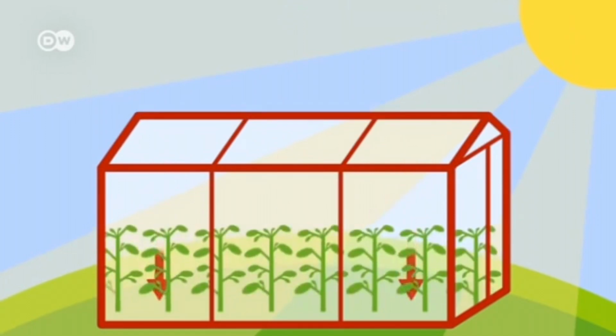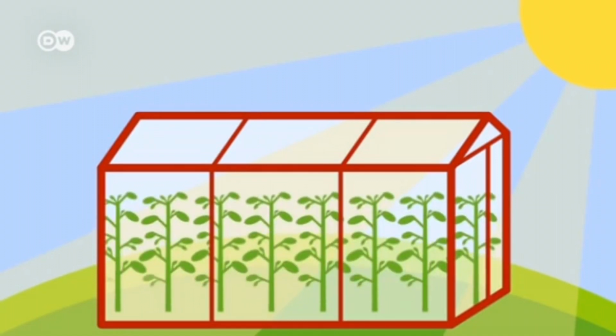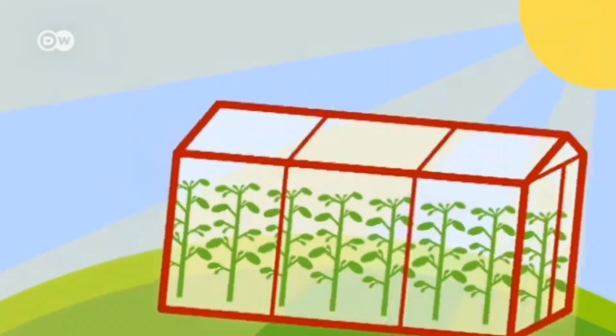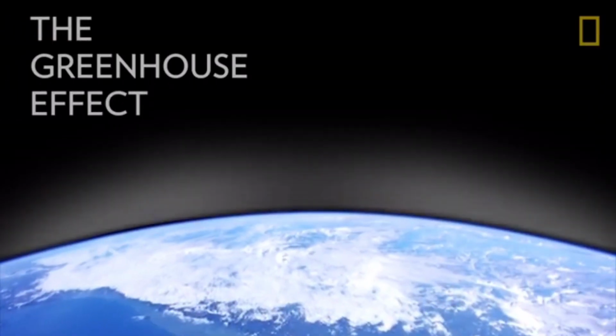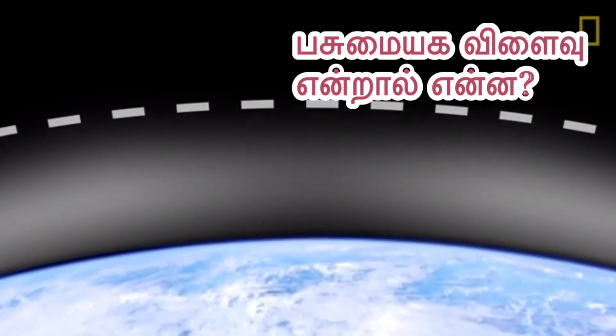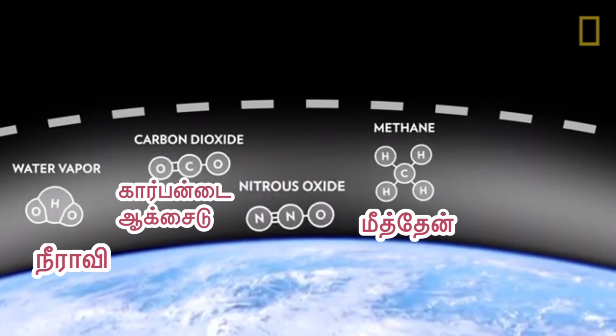There are a lot of greenhouse gases present in the troposphere layers, and when the earth reflects back infrared radiation, all these greenhouse gases trap it and send it back to the earth, by which the earth's temperature increases.